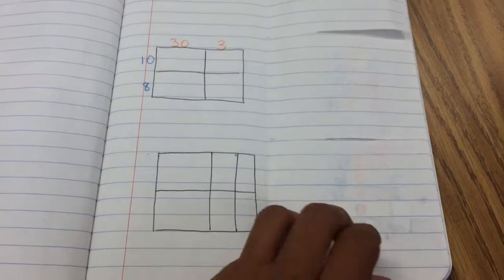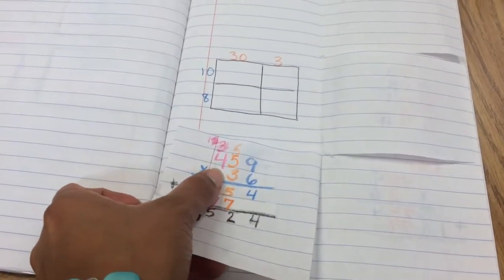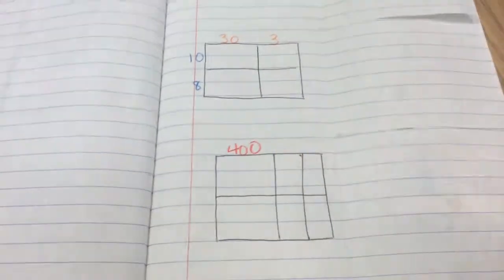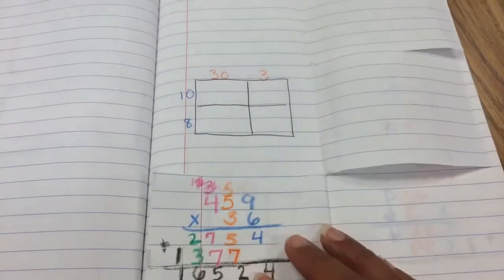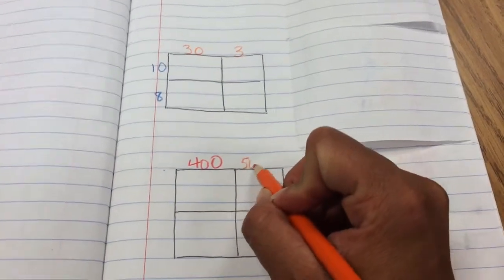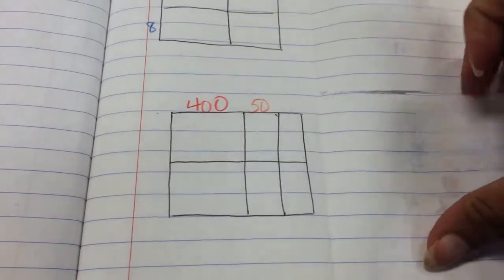And then down at the bottom, we have 459 times 36. Here we have 400. So I'm going to get red to show 400. Let me double check to see what 59 is. So 5 tens, 9 ones, right? Let me double check.